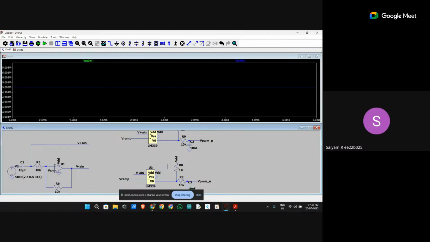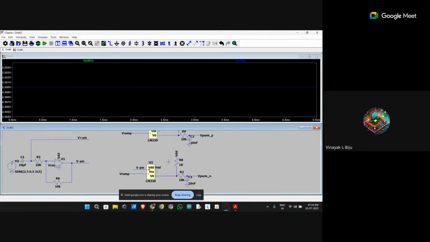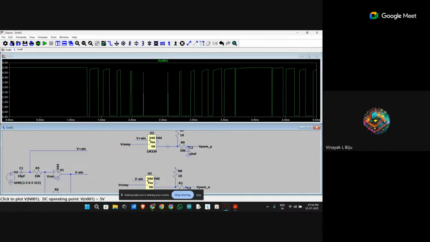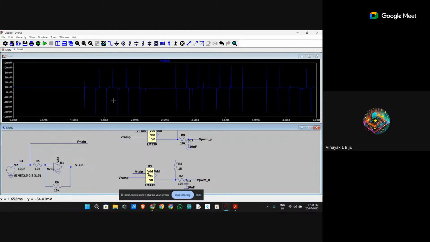Can you plot the V plus and V minus? V plus and V minus remain at 5 volt when I connect VDD. No, I'm saying, if I remove that VDD, I am getting it for the positive, and for the negative it is like this.